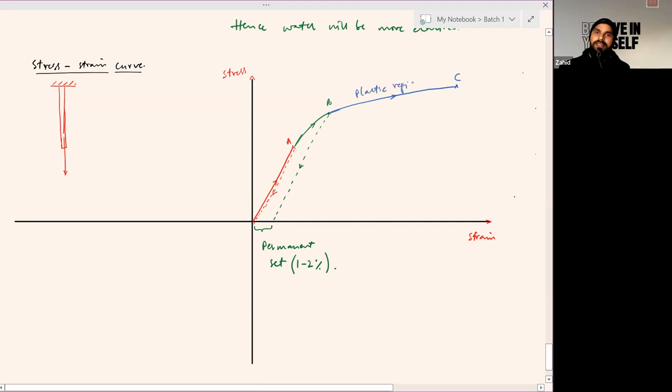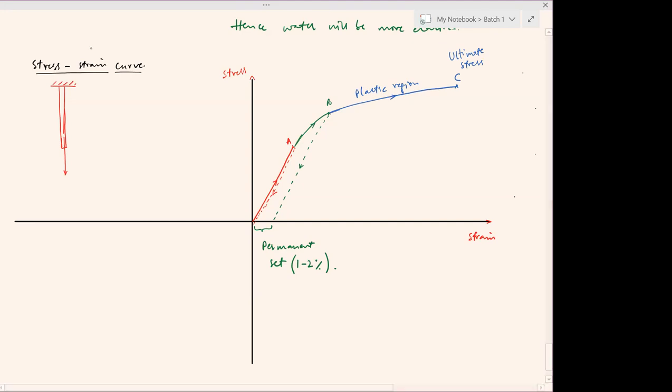So this is called the plastic region, in which there is no elasticity. At this point C, the object withstands maximum stress, so this point is also called ultimate stress. Hiba, any doubt? No, sir. Okay.